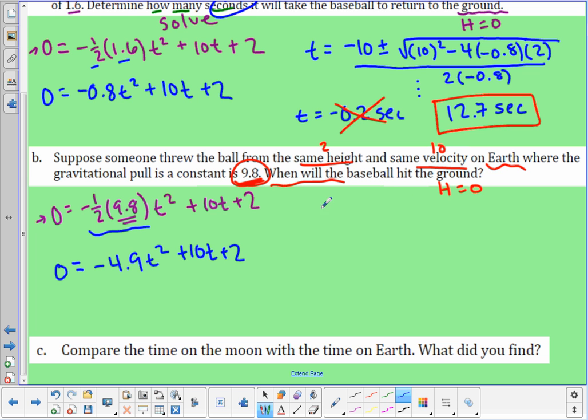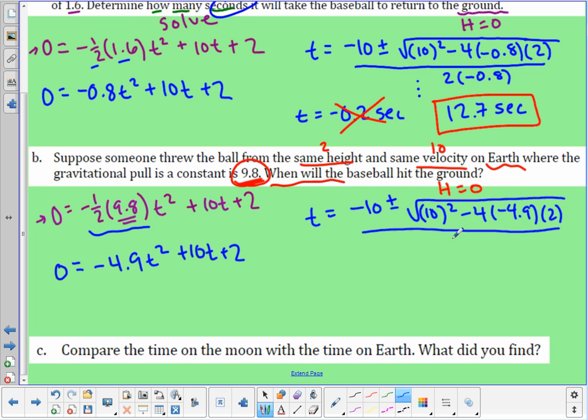So when I solve this one, this is the quadratic formula that I get. I have the opposite of 10 plus or minus the square root of 10 squared minus 4 times a times c, all over 2 times a. So the quadratic formula looks very similar.